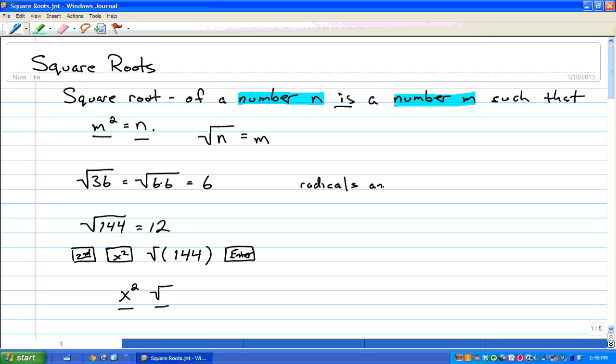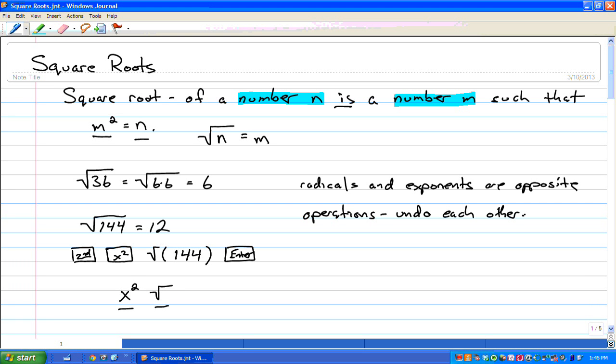Radicals and exponents are opposite operations, or they undo each other. That's an important concept for you to get.